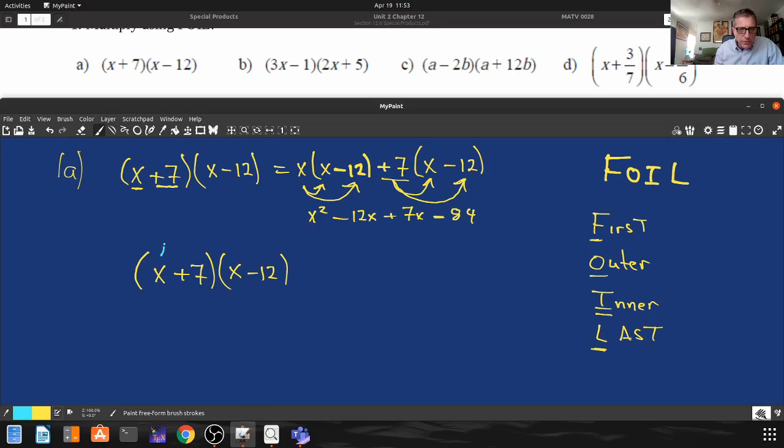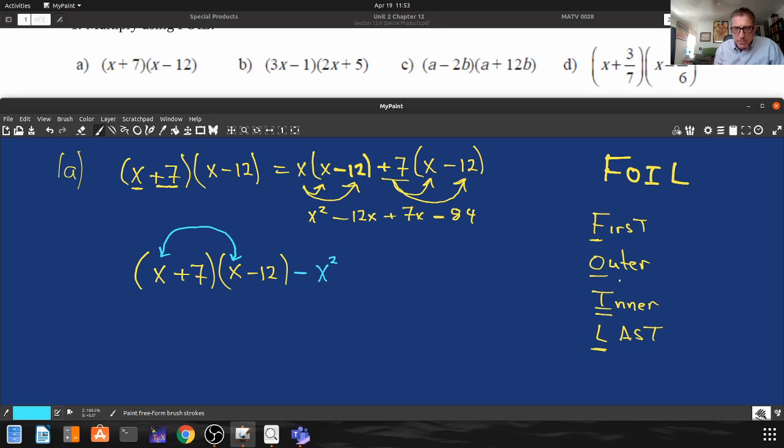The first refers to multiplication of the first terms in each of these factors. So x plus 7 is a factor, x minus 12 is a factor. So the first term says multiply both of those two first terms together. And I get x squared.